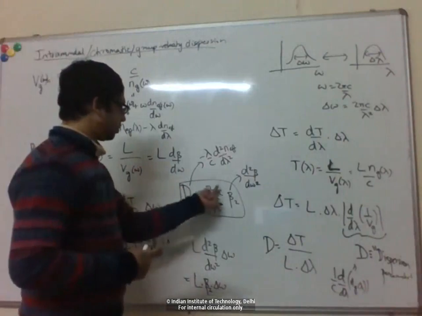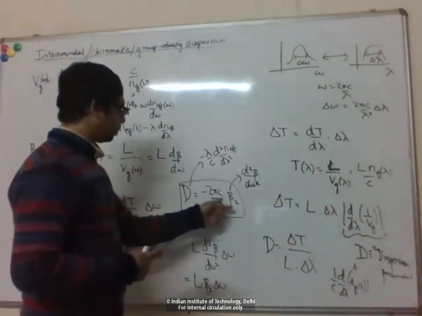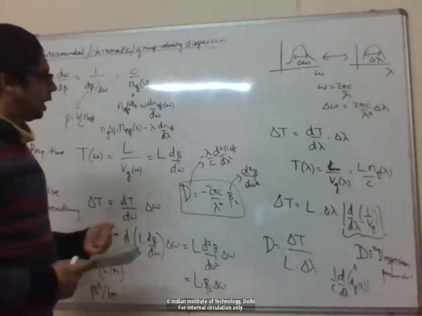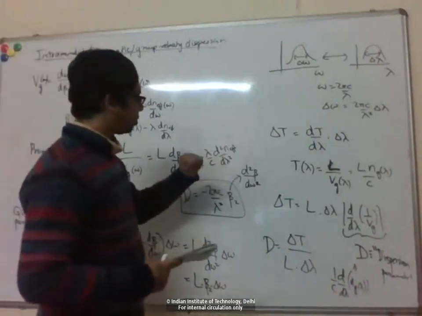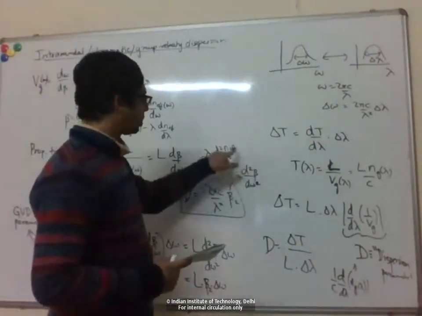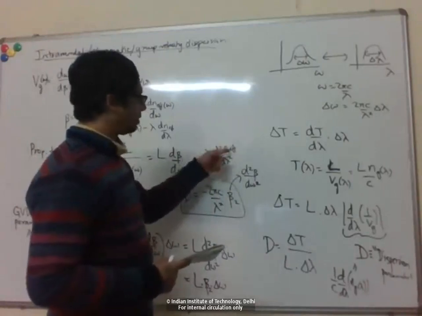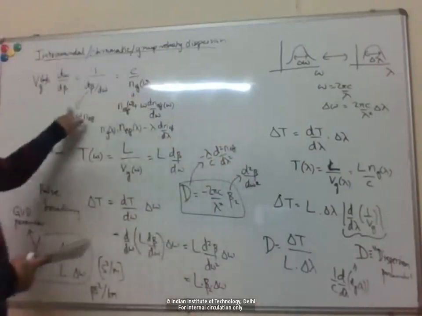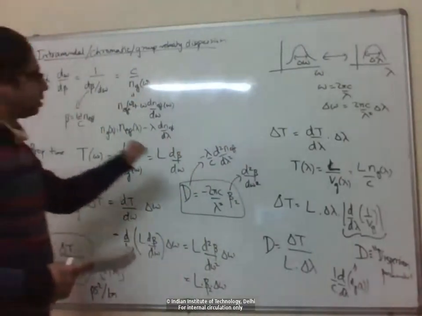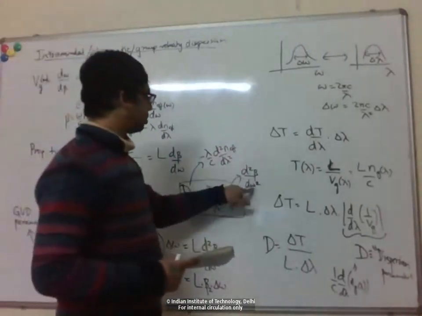You can see the difference is just scaling because of change of units, and they depend on the second derivative of either the propagation constant or the effective index, which is related to the propagation constant.